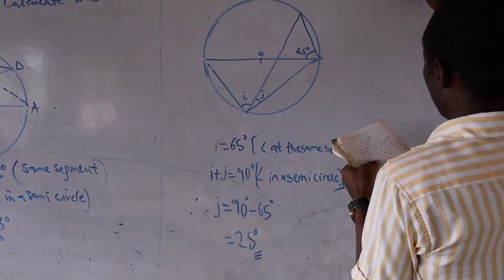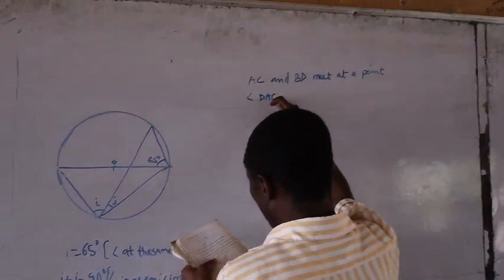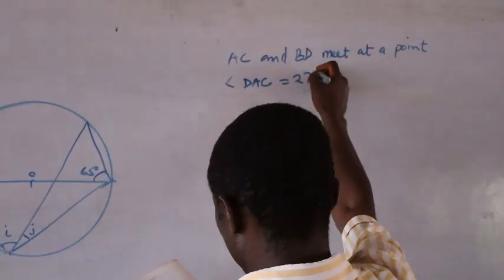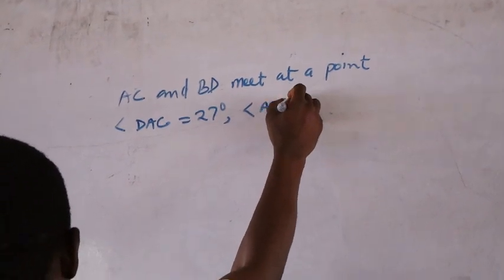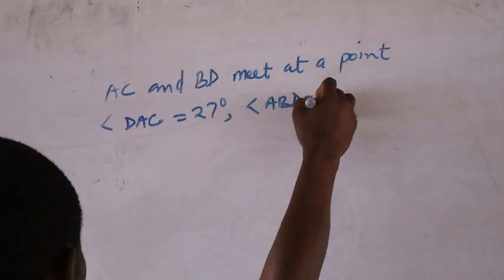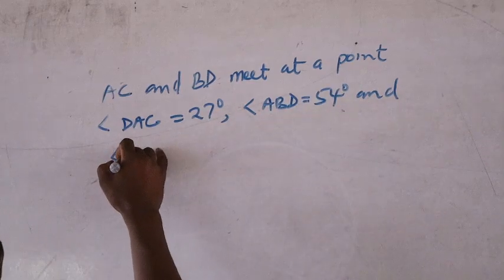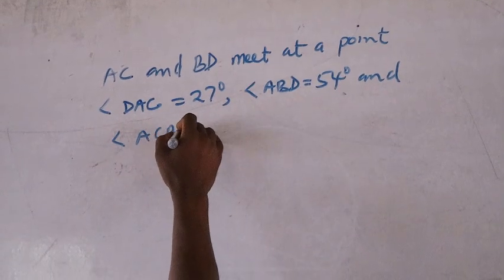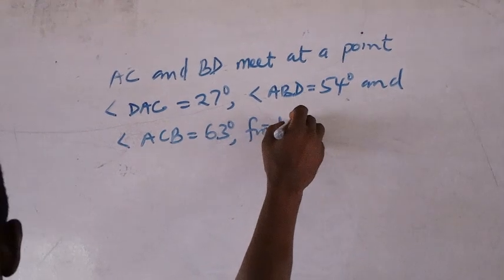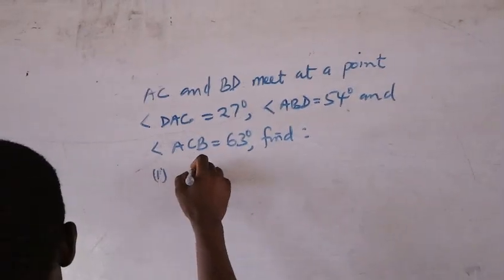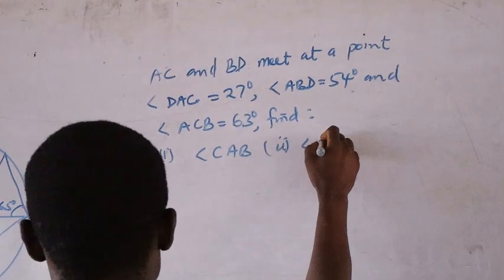Now, if angle DAC equals 27, angle ABD equals 54 degrees, and angle ACB equals 63 degrees, find 1, angle CAB, and 2, angle AEB.